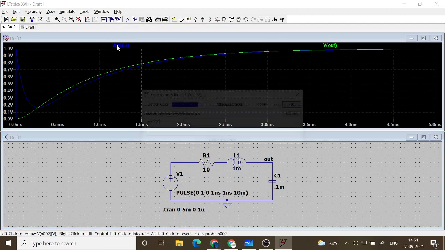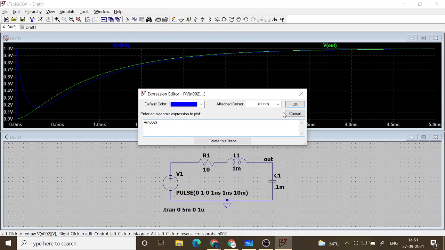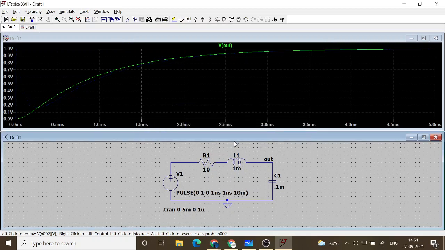Let me remove this. Okay, so this is the output voltage waveform for R equal to 10 ohm.